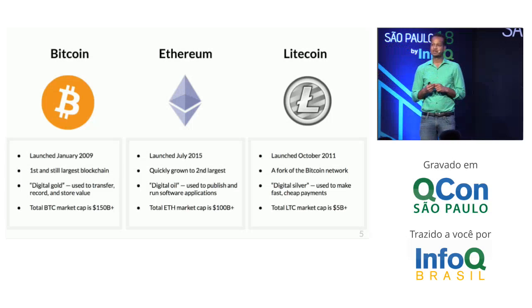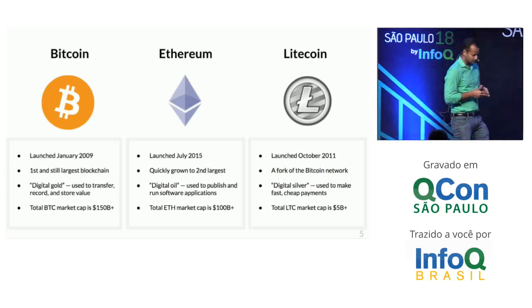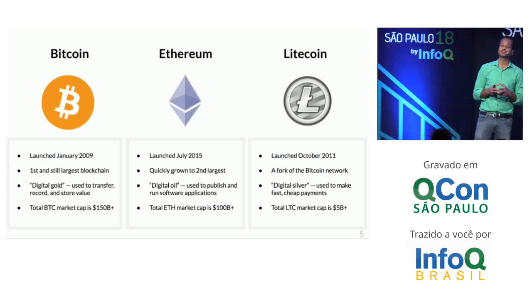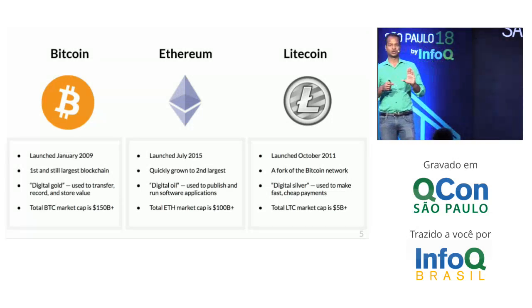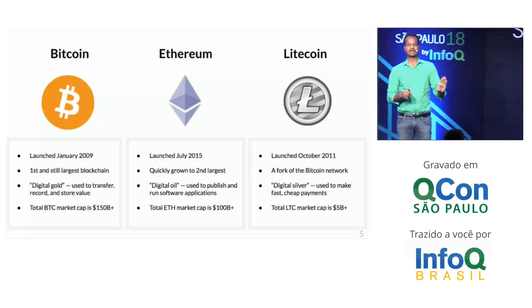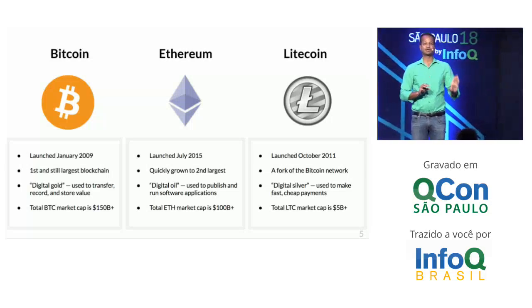You can also have things like real estate escrow type services, where you want to record that a particular piece of real estate has changed hands from one person to the other.